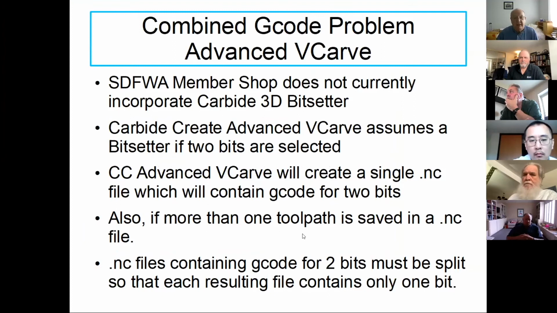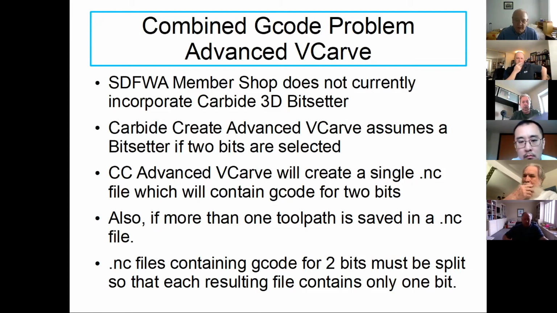Okay. So again, we don't have a BitSetter on either of the machines that is functioning. And I have to caution, we do have a BitSetter, but it's hidden in the back on the small Shapeoko 3. The advanced VCarve in Carbide Create, not the regular VCarve, will allow you to have up to 2 bits in that tool path.